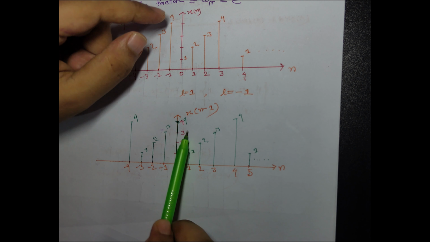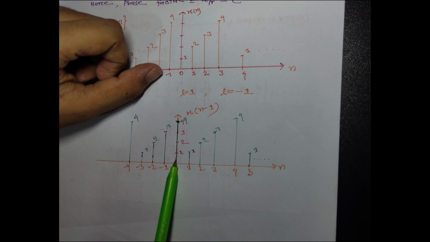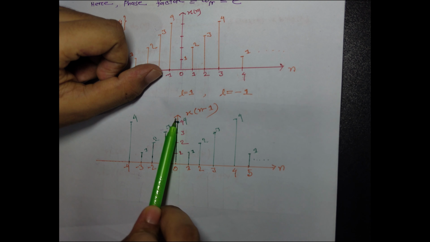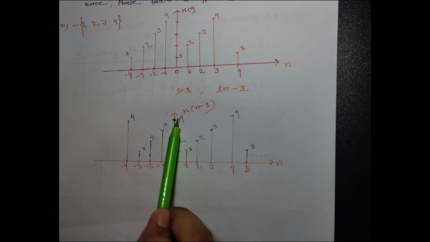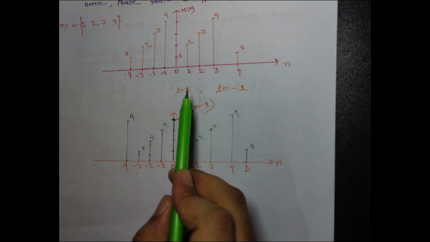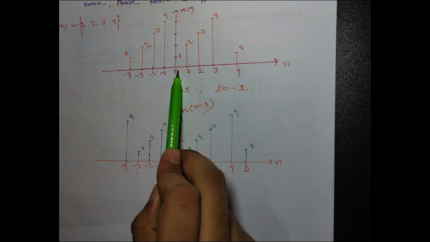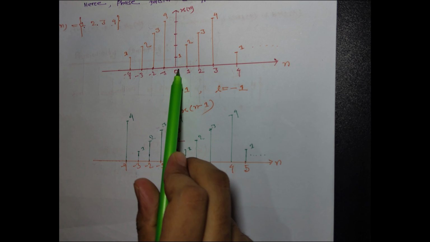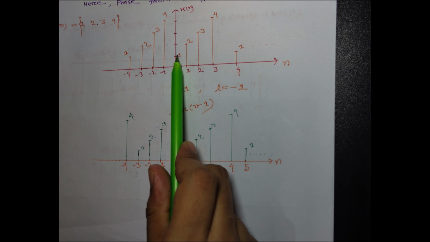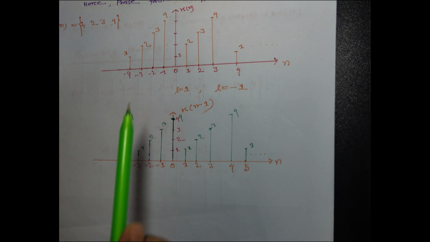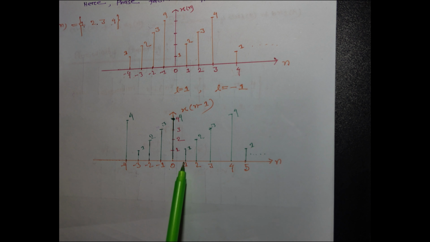That means in the 0 position the value is 4, and in the 1 position the value is 1, because in the previous figure the 0 position value was 1.